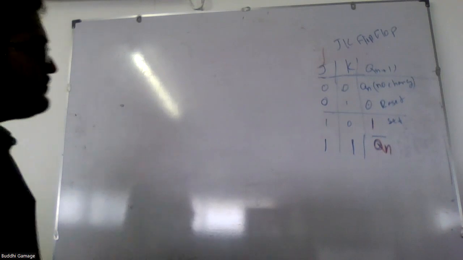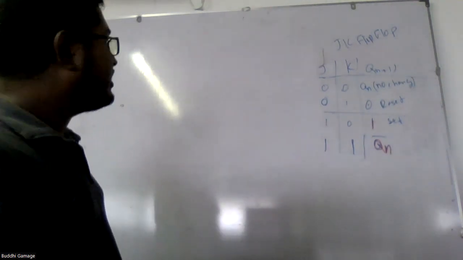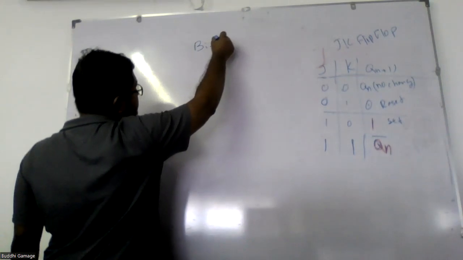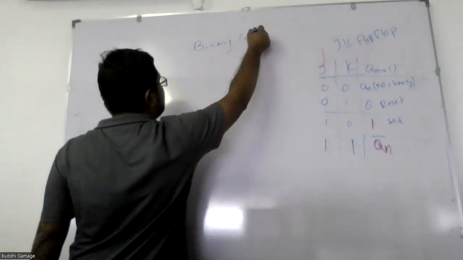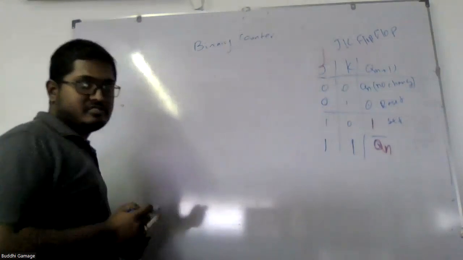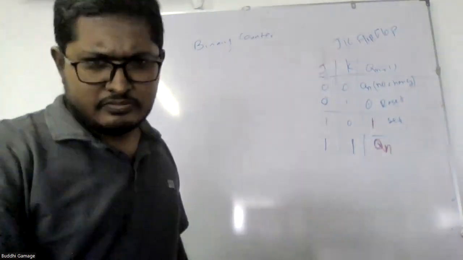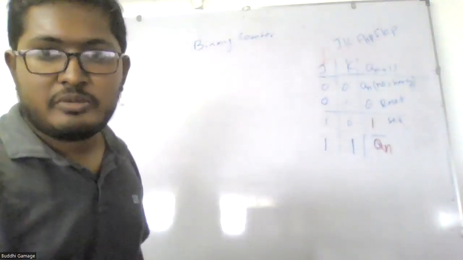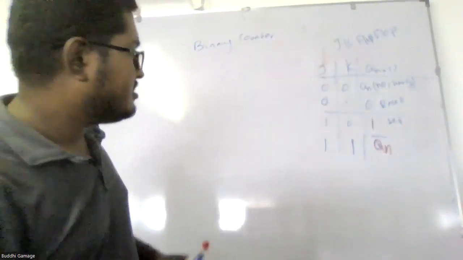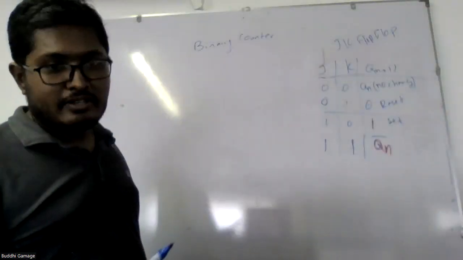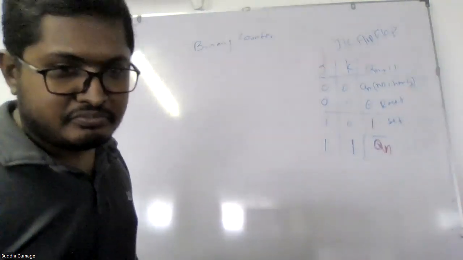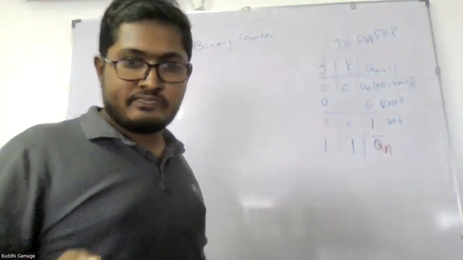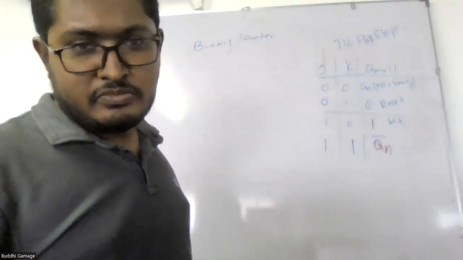And by using these JK flip-flops, we can create a binary counter. So what is a binary counter? A binary counter is a sequential logic circuit where you can count from 0 to a particular value.